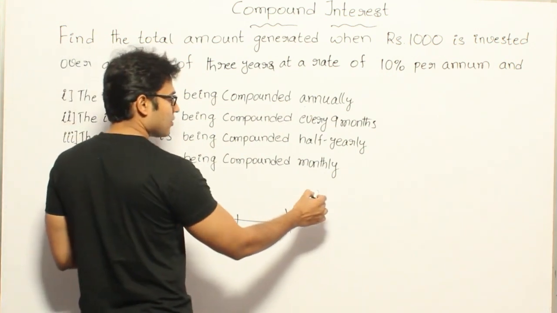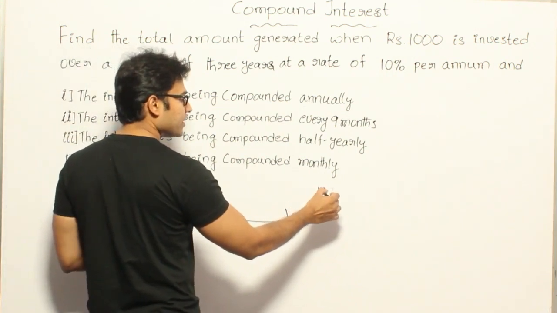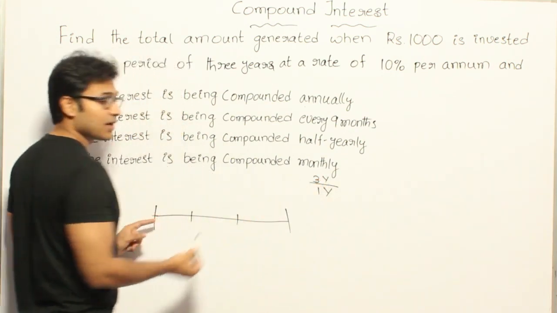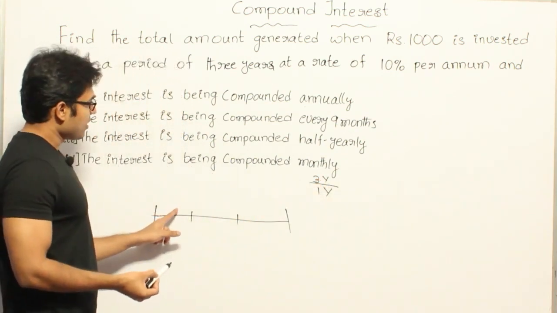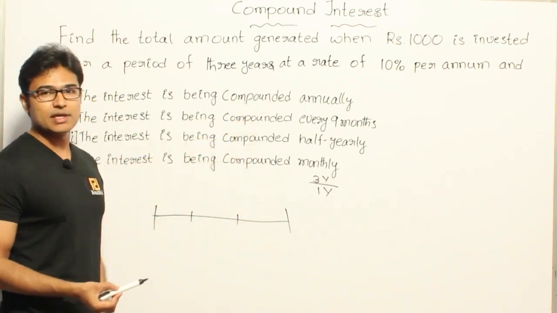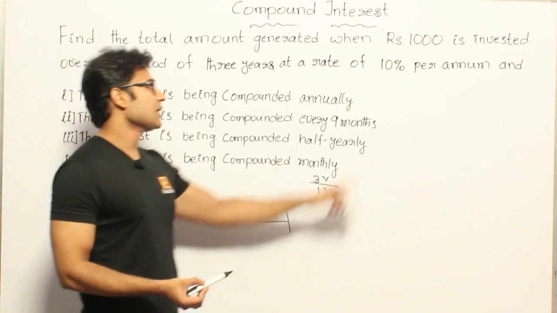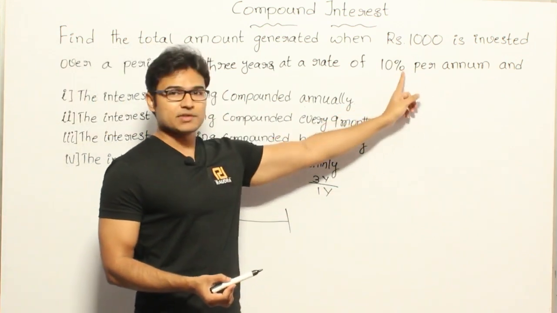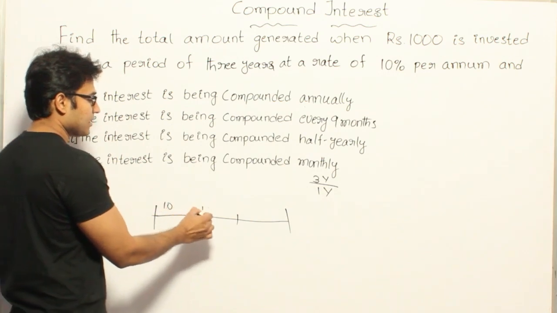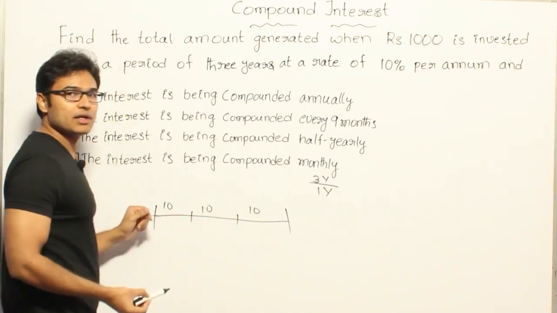So each slot is going to be 1 year and the total time is 3 years, therefore it is going to be 3 parts. And what is the rate per slot? It depends on the rate given per annum. Rate given per annum is 10% and each slot is 1 year, therefore for every slot it is 10, 10, 10. Got it?